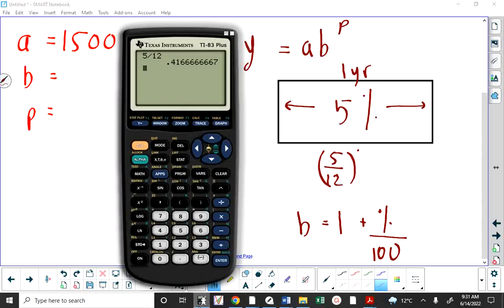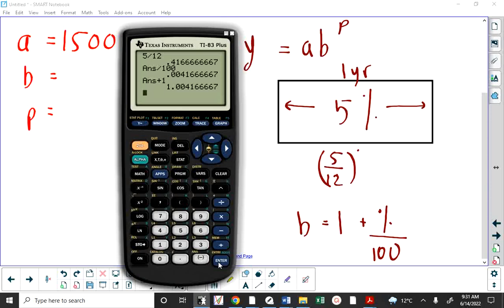And that means that when I divide this by 100 and then add 1, this is B. And again, it's deceptive because when you see that 0.416 repeating, you might think that's already in a decimal. But I hope you understand that 0.416 repeating is like 42%, and that's not what it is.